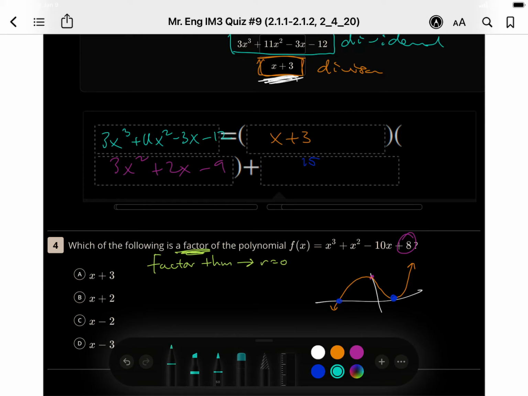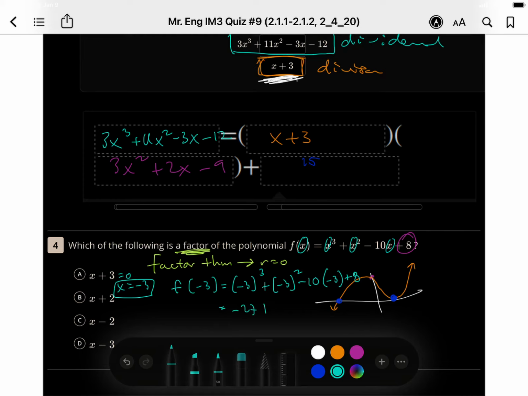So x plus 3, is this a factor? I'm setting it equal to 0, so x equals negative 3. Basically, I would be putting in negative 3 for every x value. It would look like this. And then here, I'm going to be using my PEMDAS. Just do this by hand. So negative 3 to the third power is negative 27.